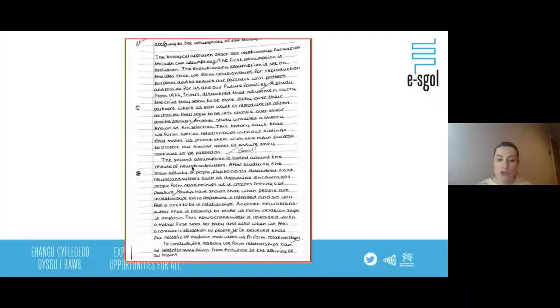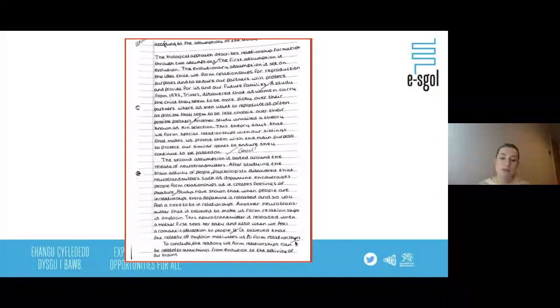Down here we've got neurotransmitters, dopamine encourages us to form relationships, dopamine is released, oxytocin, this neurotransmitter, is released when the mother first sees her baby. It's believed that the release of oxytocin motivates us to form relationships.